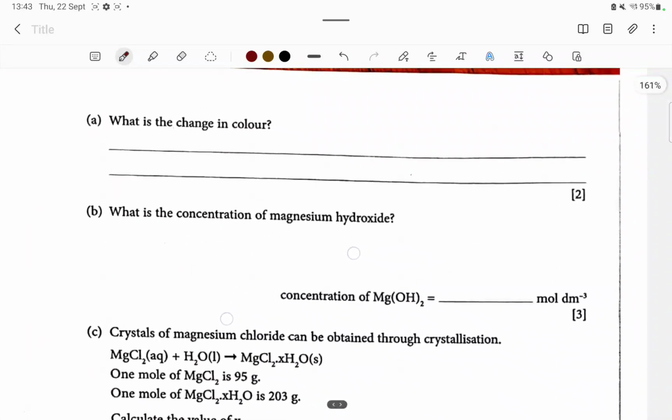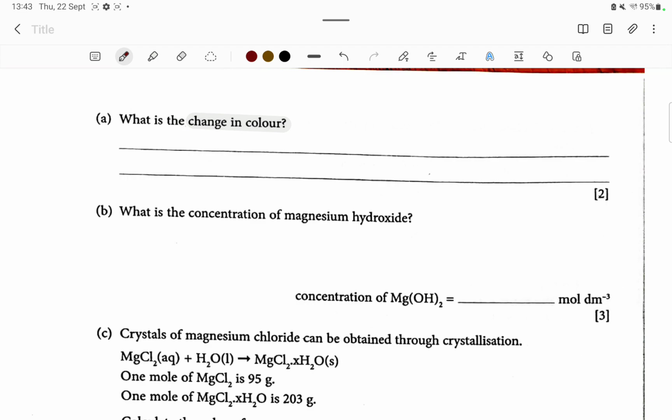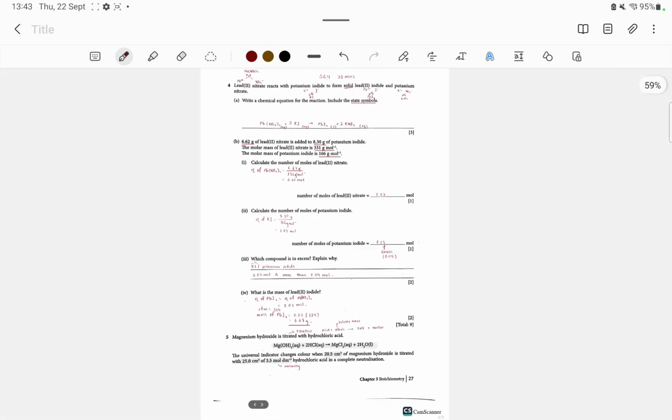What is the change in color? This one you should know when you learn chapter 7. So this one is blue or purple.